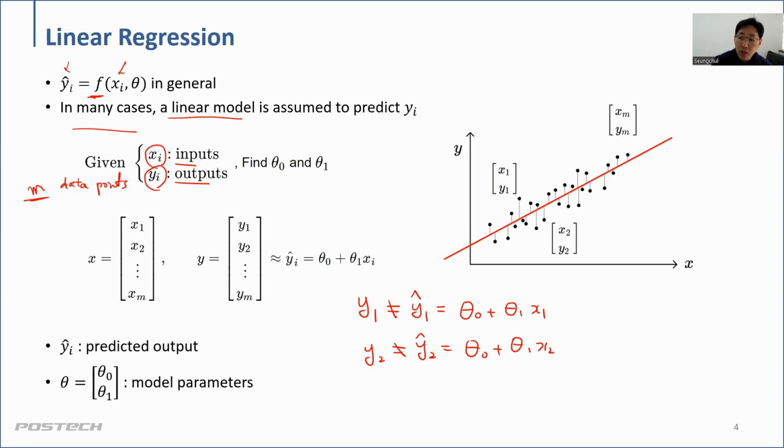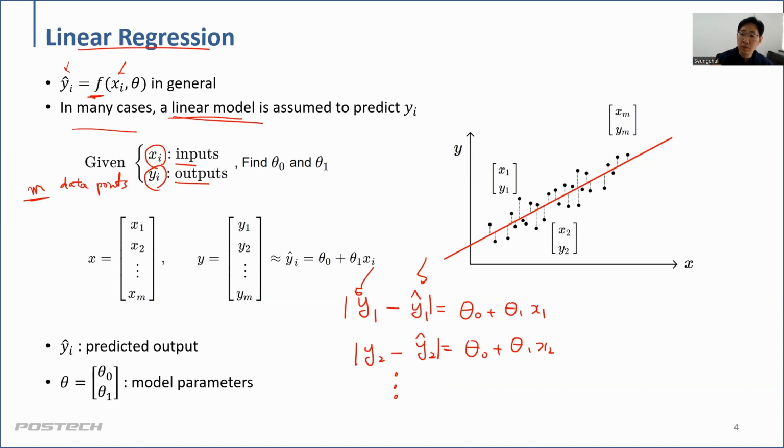I know these two values are different, but I want to take the discrepancy between the measured data points, which are the actual values, and the predicted values from the linear regression model, and I want to minimize them.